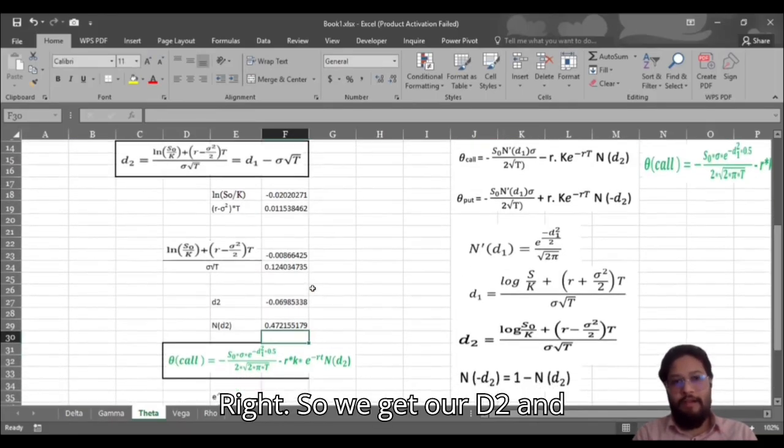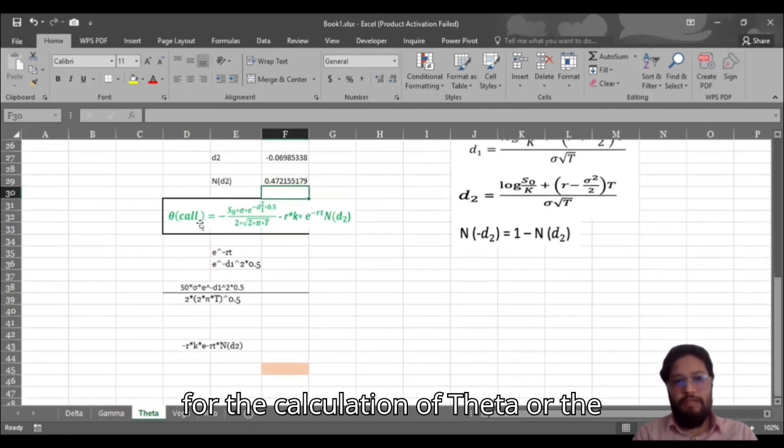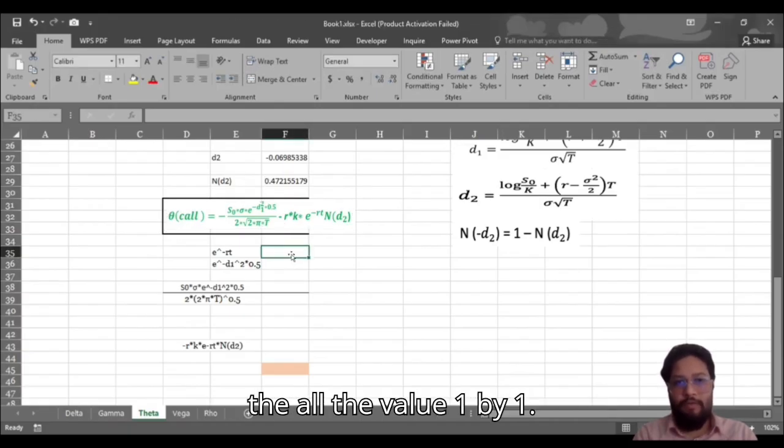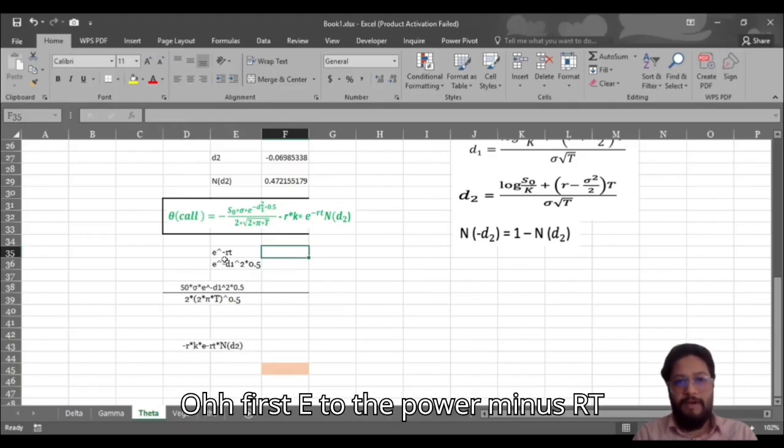So we get D2, and for the calculation of theta for the call price, we use a simple formula and calculate all the values one by one. So first, e to the power minus rT.